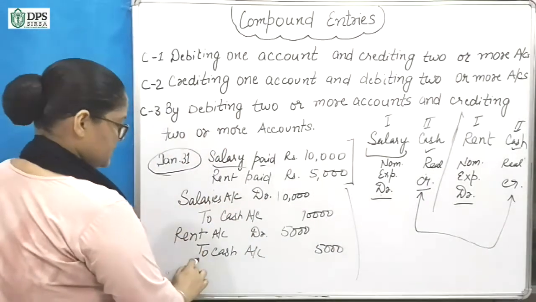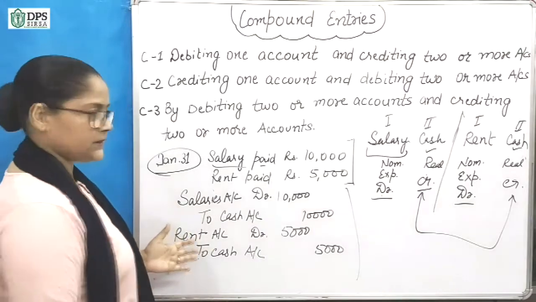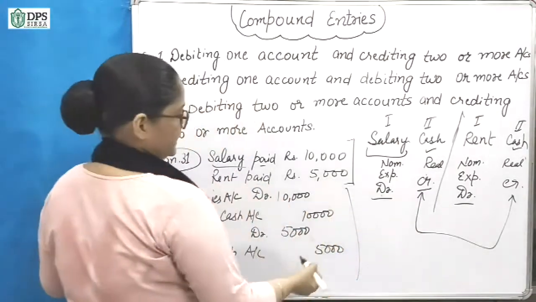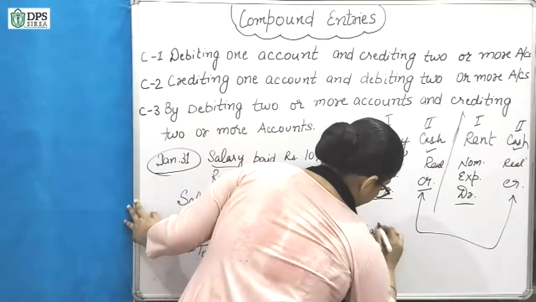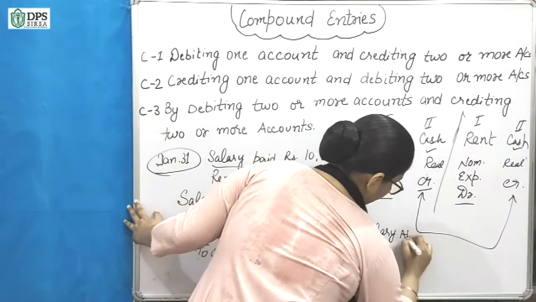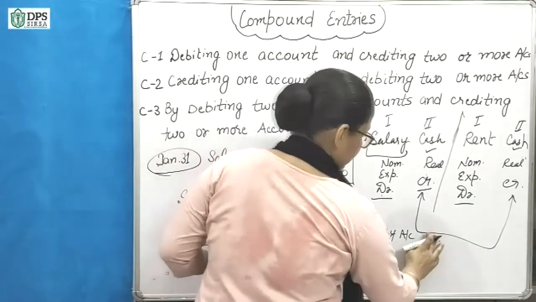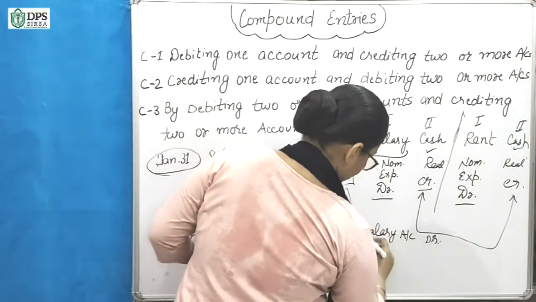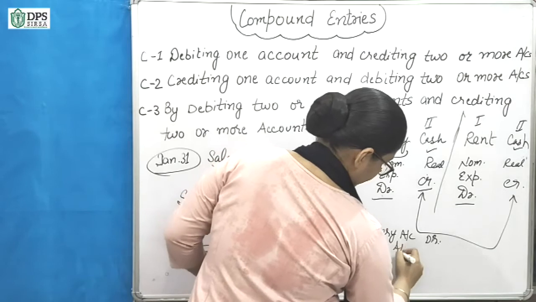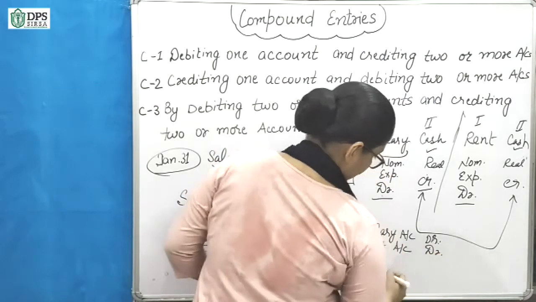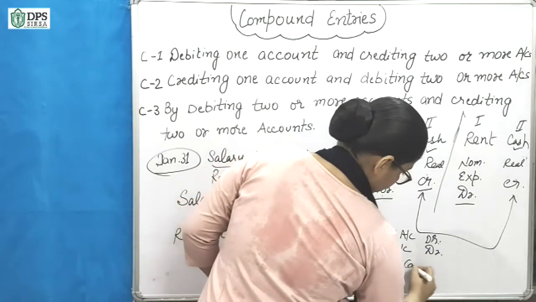In both the entries cash is being credited, so we can make a combined entry, that is salary account debit because salary is being debited, and rent account debit to cash.